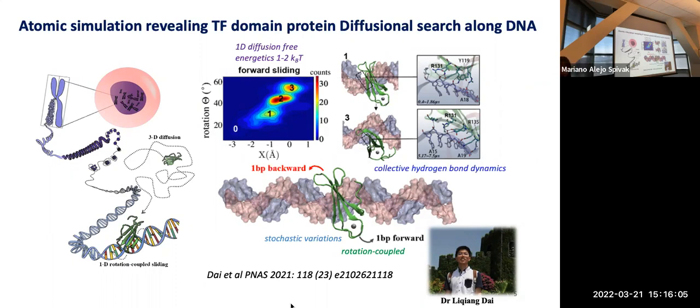And we locate the collective hydrogen bond dynamics at the protein-DNA interface. This is one thing to be notable. And we also watch protein reorientation frequently on the DNA. And we also find that there's a biased DNA strand, this blue one, that the protein favors. So these things I'm going to explain in the following.